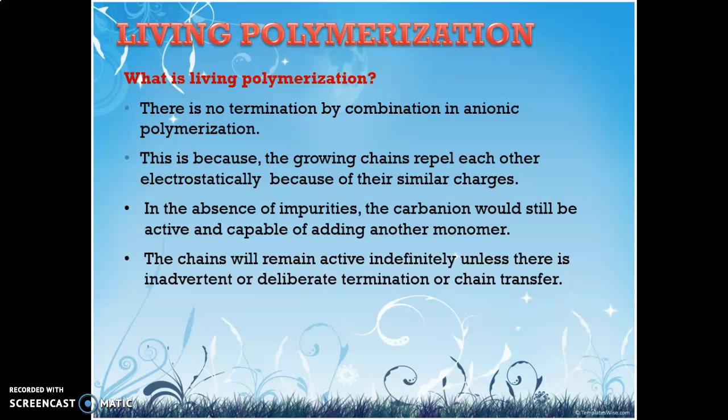The chain will remain active indefinitely unless there is inadvertent or deliberate termination or chain transfer. So living polymerization is a type of ionic polymerization, but it does not undergo a termination reaction. So the chain will remain active unless there is termination, chain transfer, or deliberate termination.